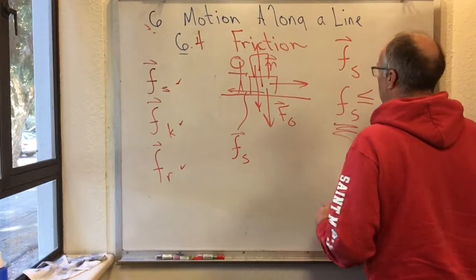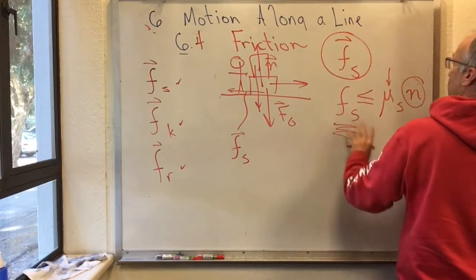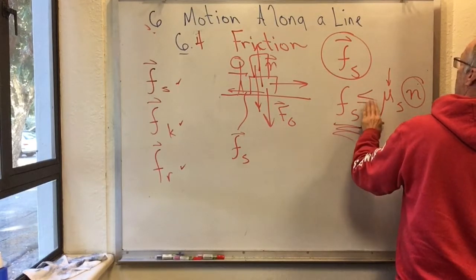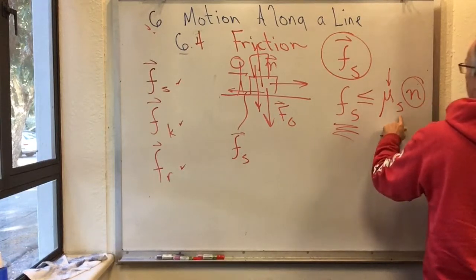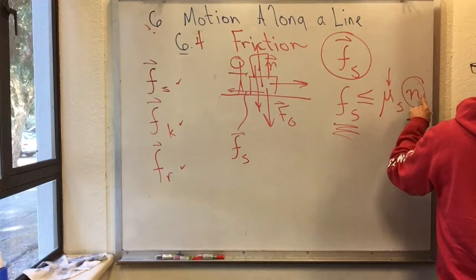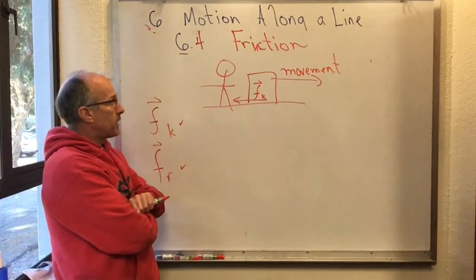So this is our model. Static friction is a frictional force that can be at most mu sub s, the static coefficient of friction, times the normal force.